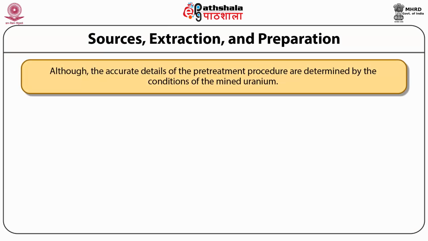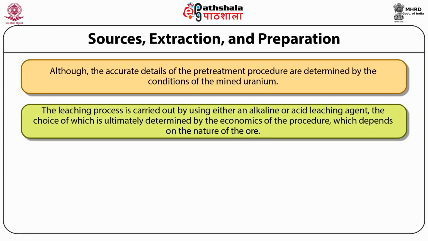Although the exact details of the pre-treatment procedure are determined by the conditions of the mined uranium, the leaching process is carried out by using either an alkaline or acid leaching agent, the choice of which is ultimately determined by the economics of the procedure, which depends on the nature of the ore. It is important to note that acid leaching gives higher recovery of metallic uranium than alkaline leaching.